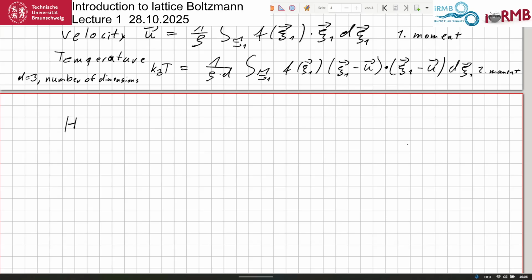We have to understand one thing to be able to understand how this integral will behave, but the thing is actually much deeper than that. And now we come to the so-called eta theorem, which some of you may know as the H theorem.